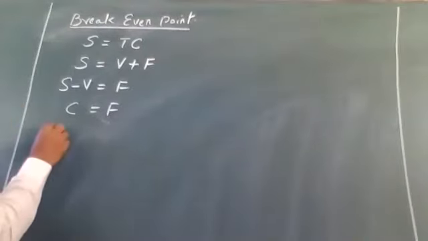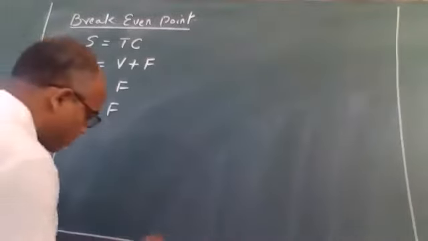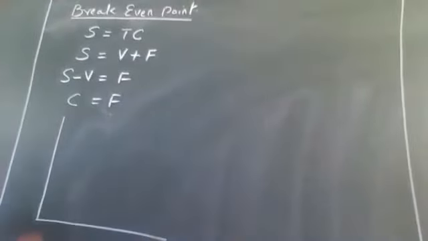If you try to understand it with the help of a graph also, we can do it this way. Assume this is rupee, the value, and here I am talking about the quantity, units.